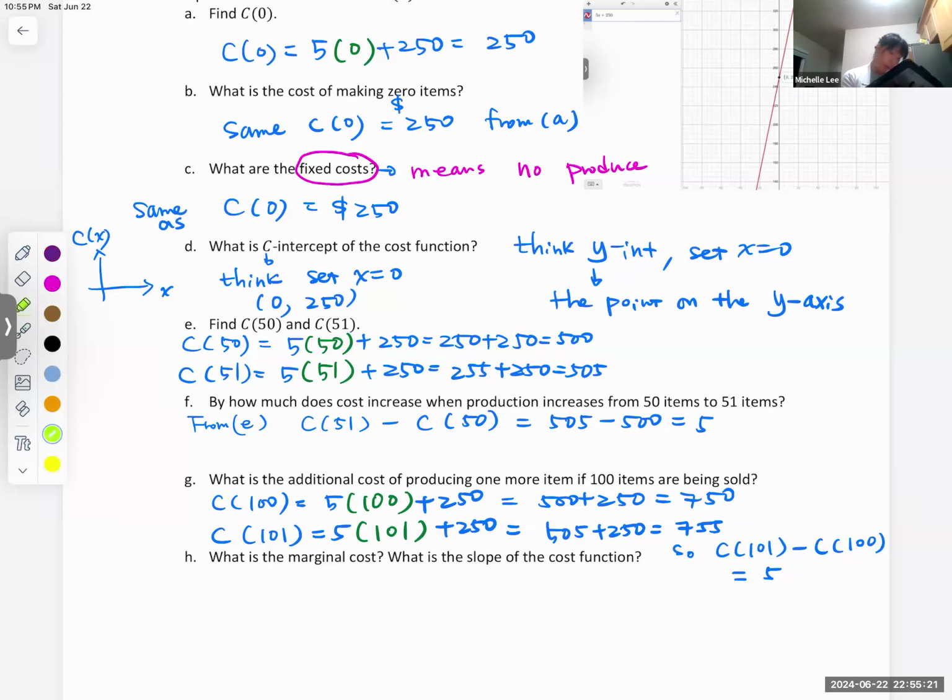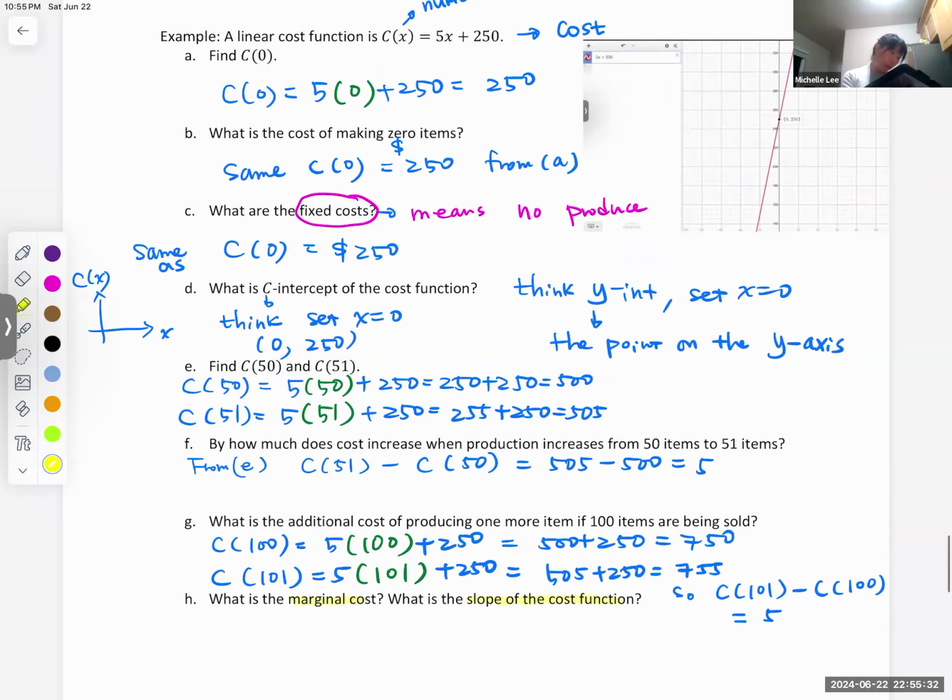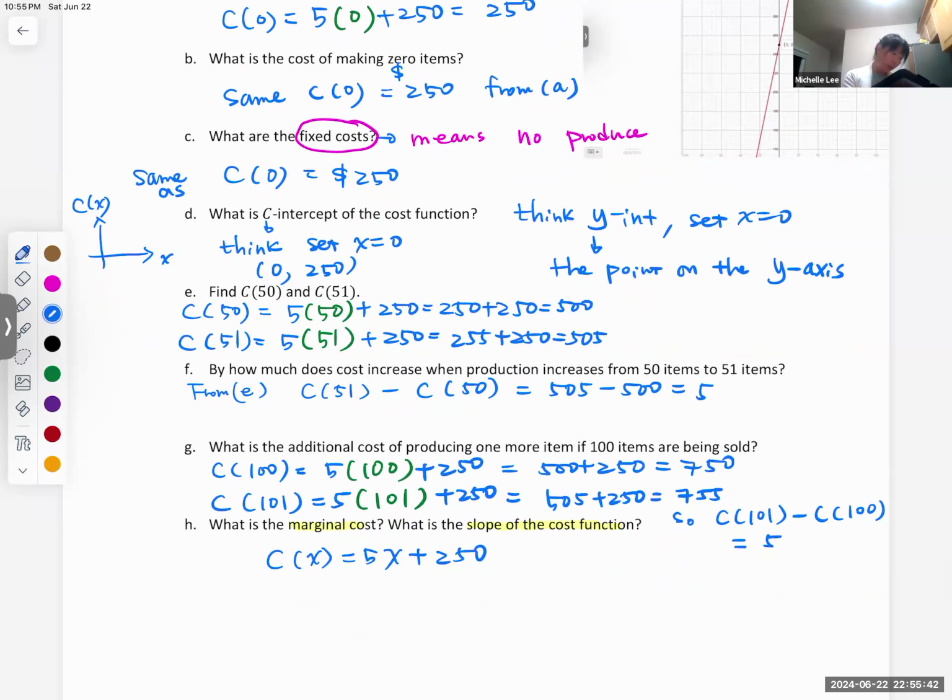Let me highlight marginal cost, same as the slope of the cost function. So in that case, we have a cost function C of x equal to 5x plus 250. What is the slope? Slope is this. That is marginal cost, right?